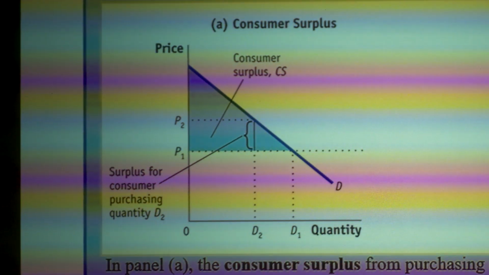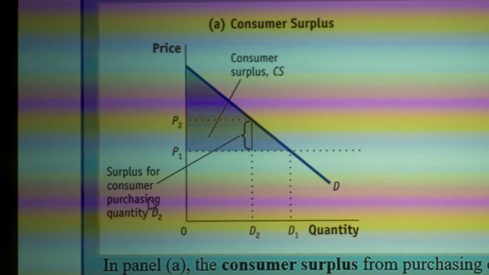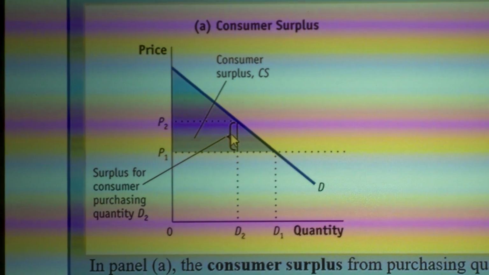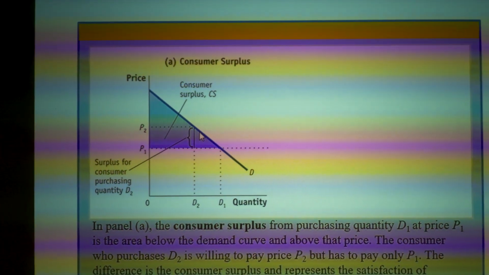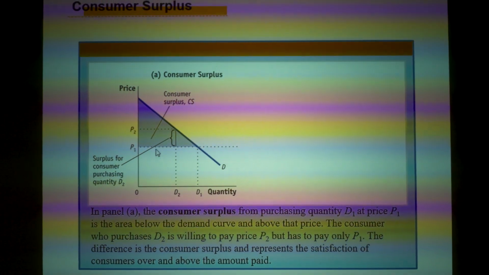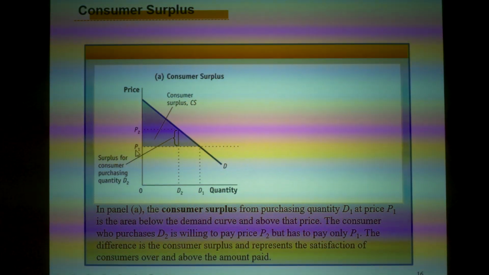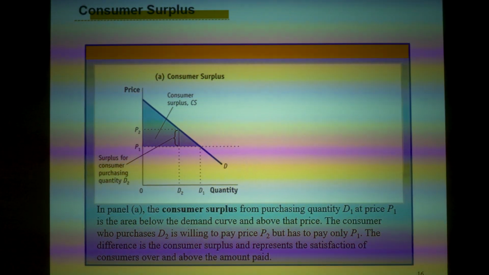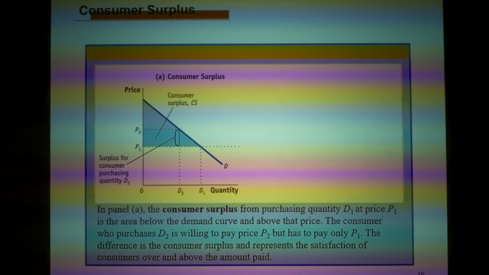You repeat that exercise for all the earlier consumers buying this good, back to the first one, and you get all these vertical lines underneath the demand curve, and you add it up, and you get that triangle under the demand curve and above the price P1. So that's consumer surplus. That's how economists measure the gains to consumers from having this good available.